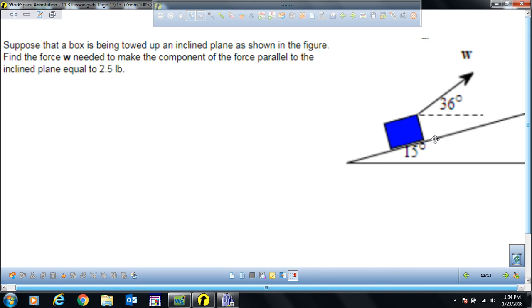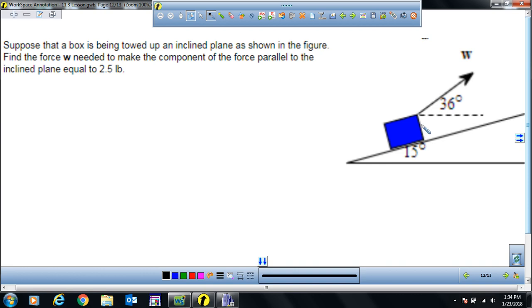Okay, so right here, as you can see, all they're telling us is that the component of the force parallel to the inclined plane is 2.5, meaning that if this was a 15 degree angle right here, then that force of this vector, like applying the force through this vector, would be 2.5 pounds.